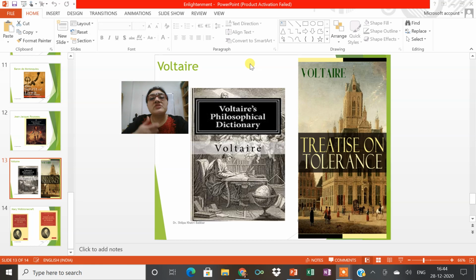And this is also a text in which he espouses deism. Deism is the belief in the existence of God on the evidence of nature and reason only, and it insisted on rejection of supernatural revelation. So he talks about tolerance, he talks about freedom of the press.